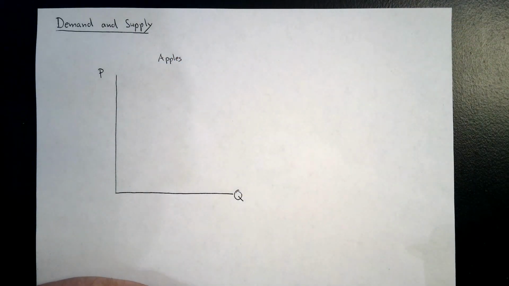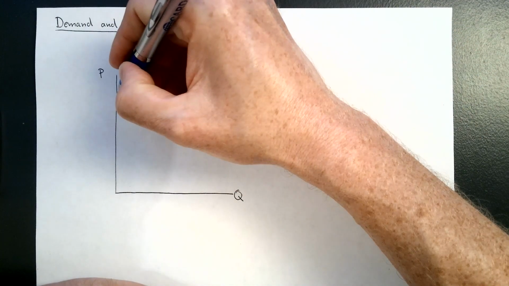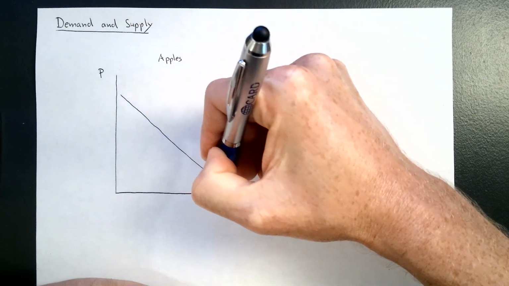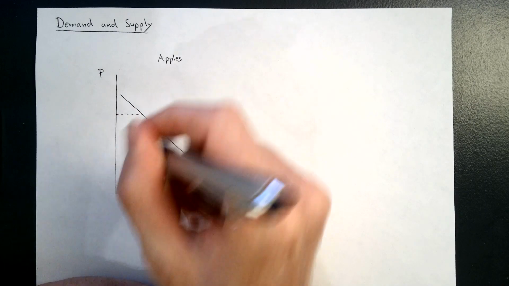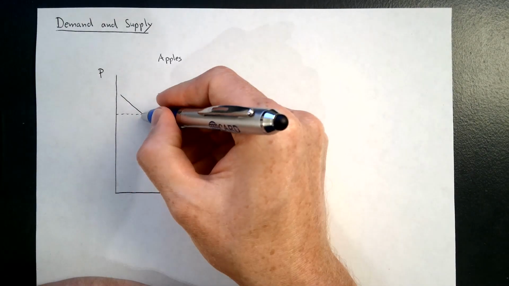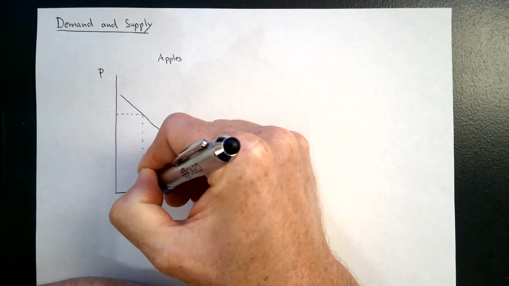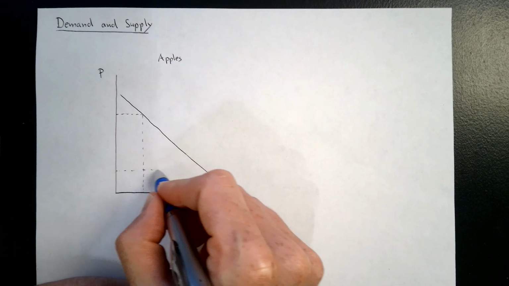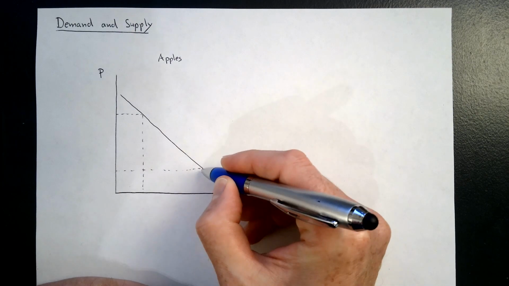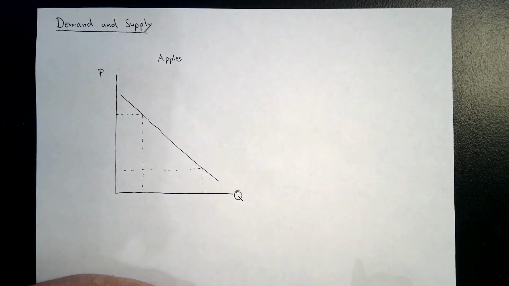Then the demand is usually downward sloping, in the sense that if the price for apples is high, then the quantity demanded for the good is low, and if the price of apples is low, then the quantity demanded is high.